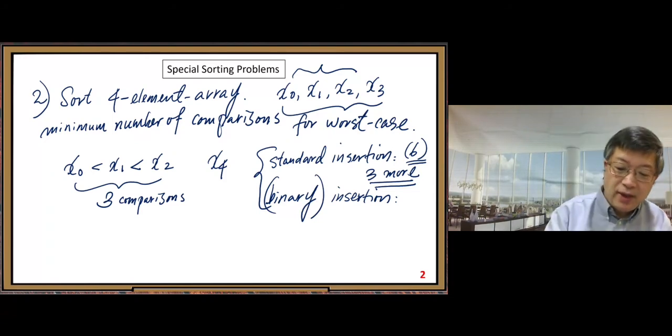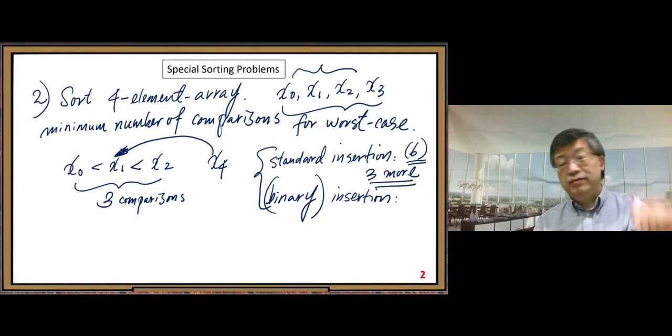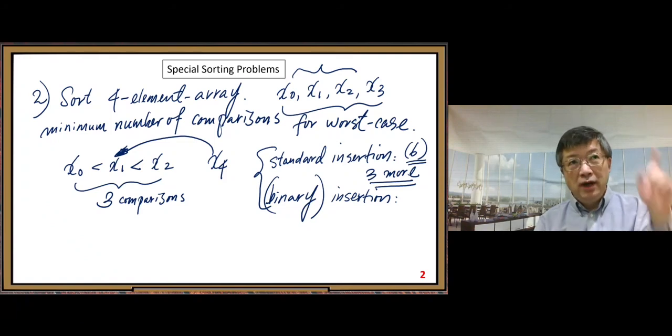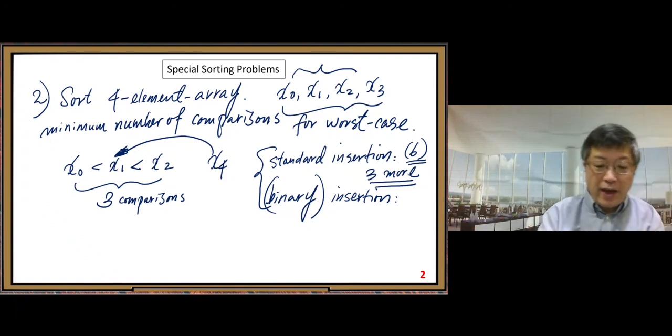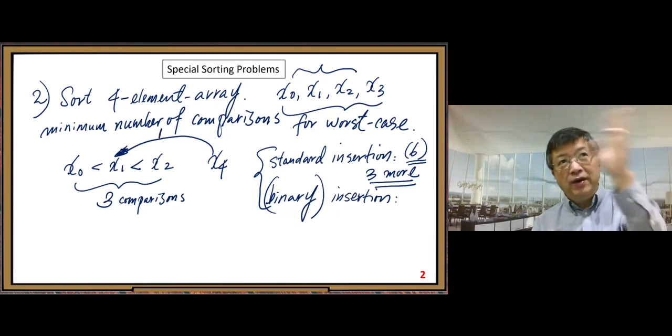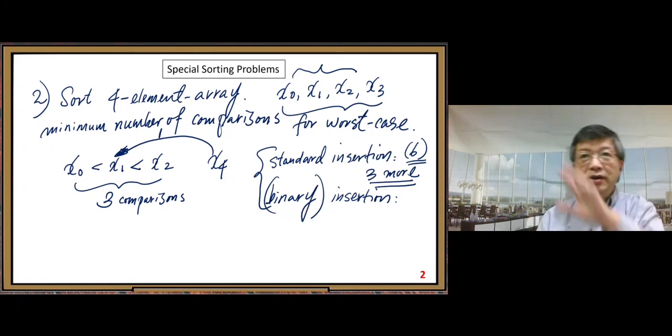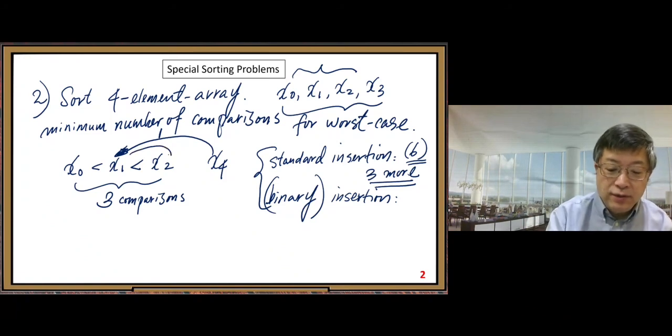Compare x4 with the one in the middle. Binary, so you always compare the element in the middle. So compare x4 and x1. That is your first comparison. There are only 2 cases: greater than x1, less than x1. If it's greater than x1, you compare with x2, another comparison.